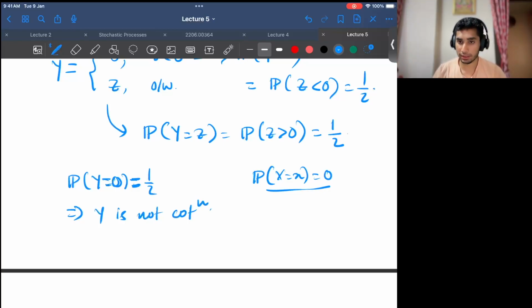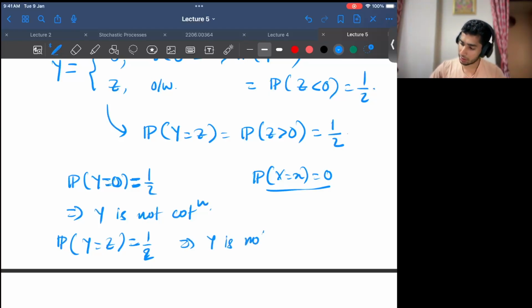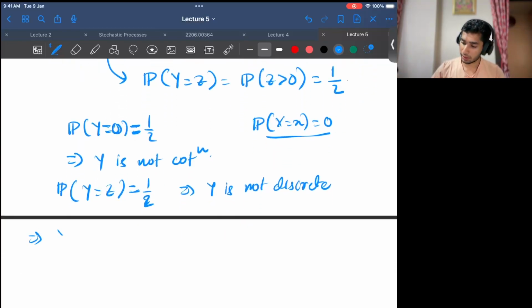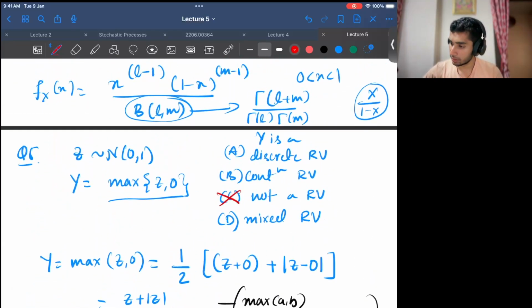Also, the probability of y equal to z is half, which shows that y is defined on the entire right side of the x-axis, so it's not discrete either. If it's neither discrete nor continuous, then y is a mixed random variable. So amongst all the options, the other two are incorrect, and this is the correct one.